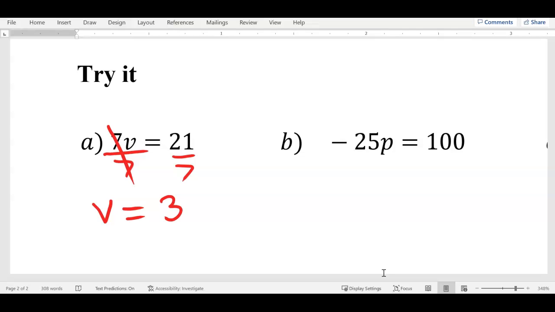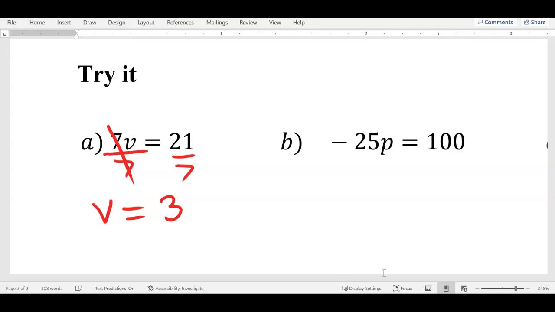Now, letter B. This one tricks people up, so don't get tricked, right? Negative 25p equals 100. What do y'all think we should do? Negative 25 has to go away. How? Divide plus which one? All right, so I get it.